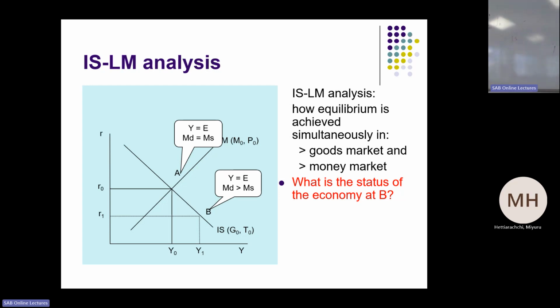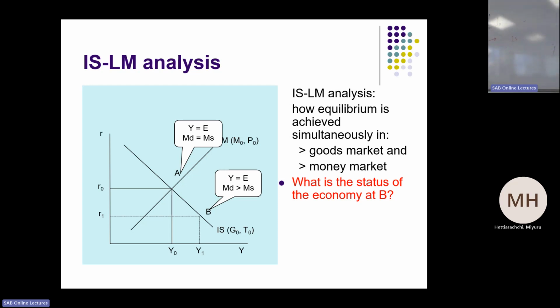I'm not writing it out: EDM means excess demand for money, EDO excess demand for goods. Since there's excess demand for money, the interest rate should increase. If there's excess demand for goods, income should increase, right? So those are not stable points.